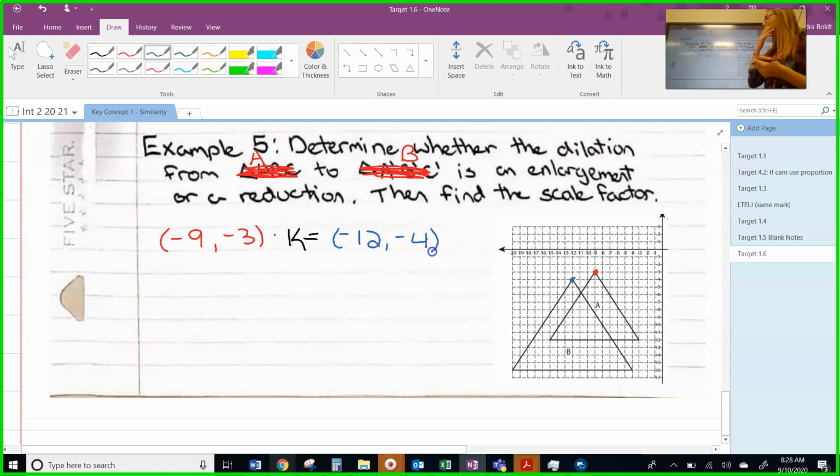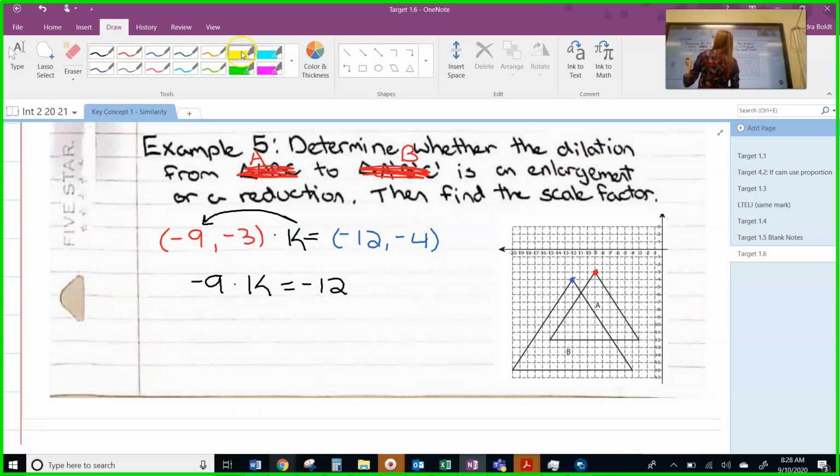So again, because this works as two separate things, I only have to focus on one. So negative 9 times k is going to equal negative 12. I'm just focusing on my x value. And that's fine. Once you have that set up, you only have to choose your x or your y. And then just solve. So I'm going to divide by negative 9.